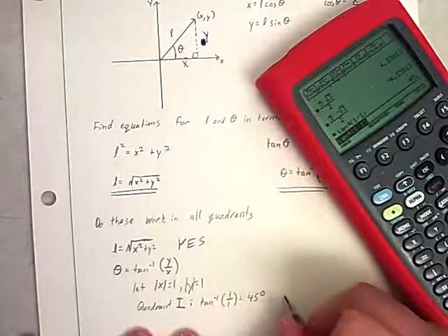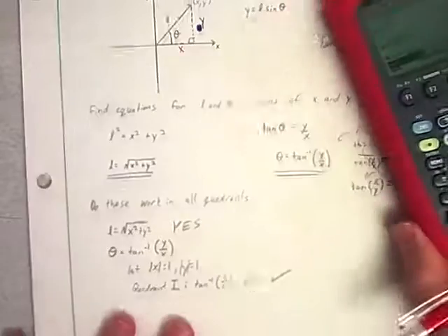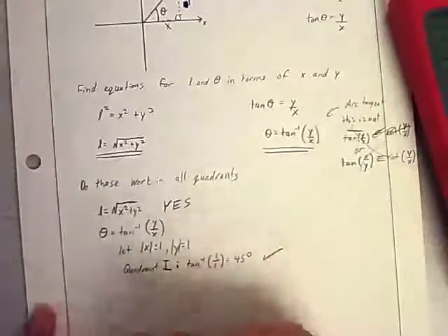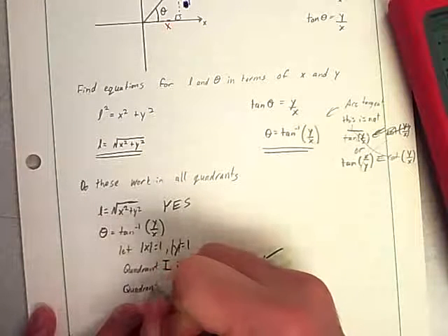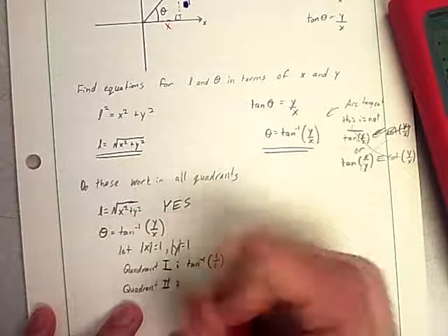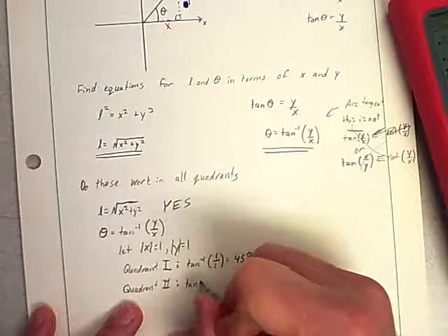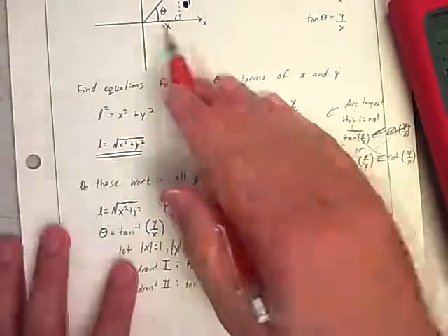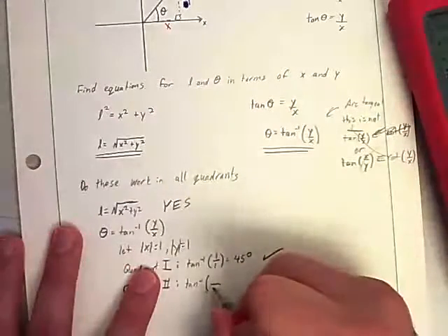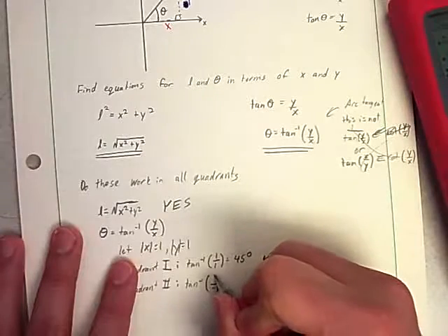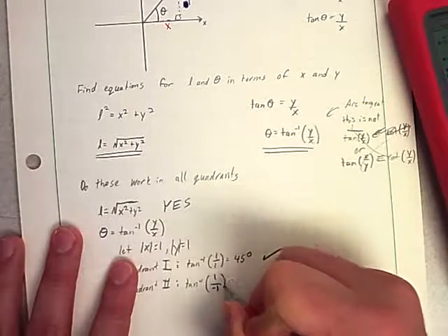And that's in quadrant 1. So that's good. If I want to do quadrant 2, what happens in quadrant 2? In quadrant 2, x is negative, so I have negative 1 down here. Y is positive, so I keep positive 1 there.